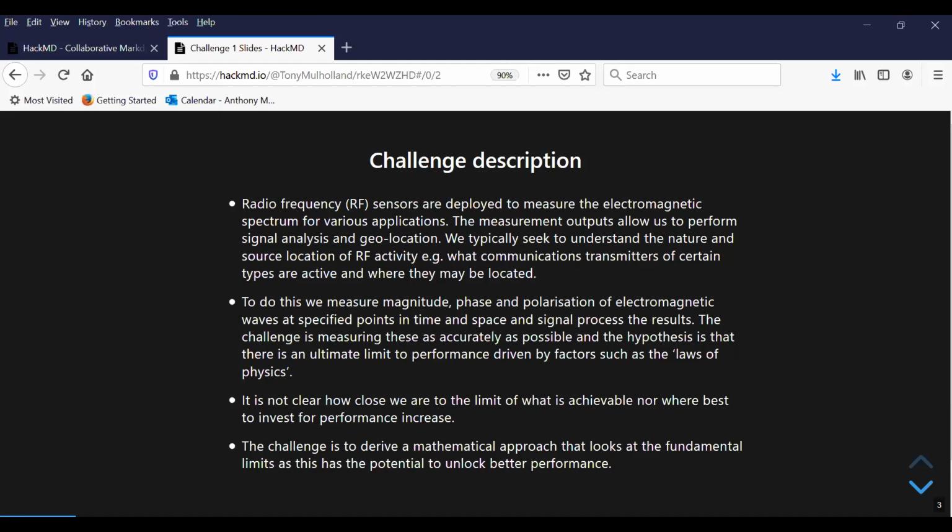Of course, there are some errors associated with what has been sent and recorded at various stages in the pipeline from the raw wave to what we receive. Therefore, there is some limit as to how well such a system can perform. The challenge was to derive a mathematical approach to look at this fundamental limit.